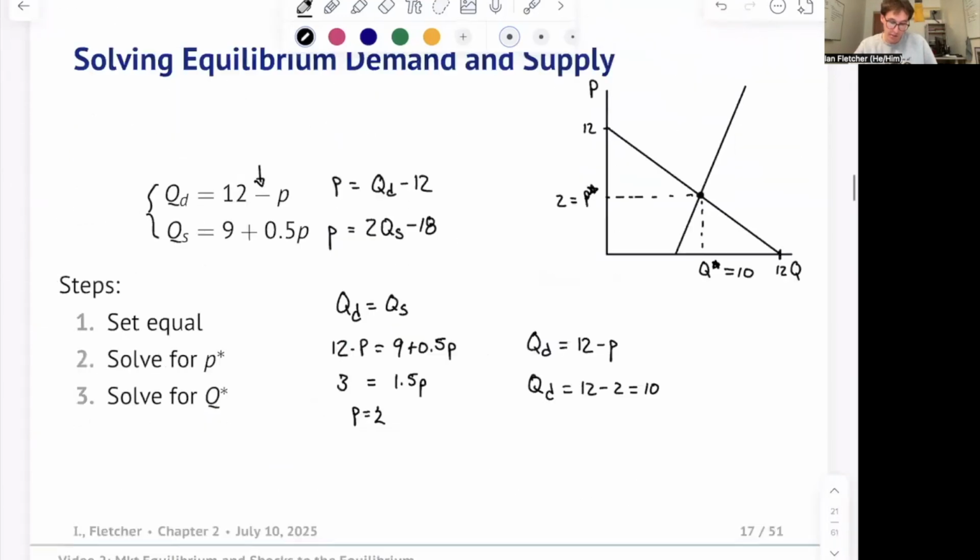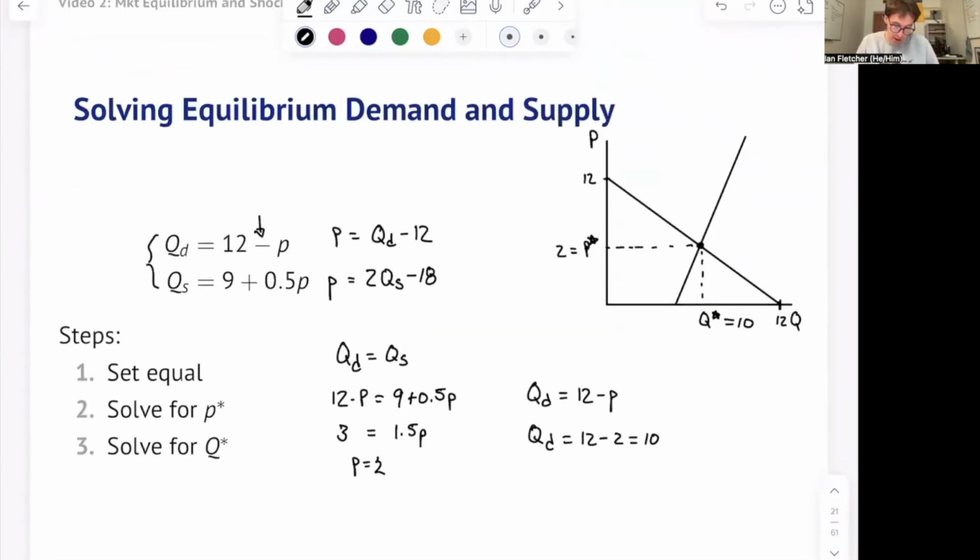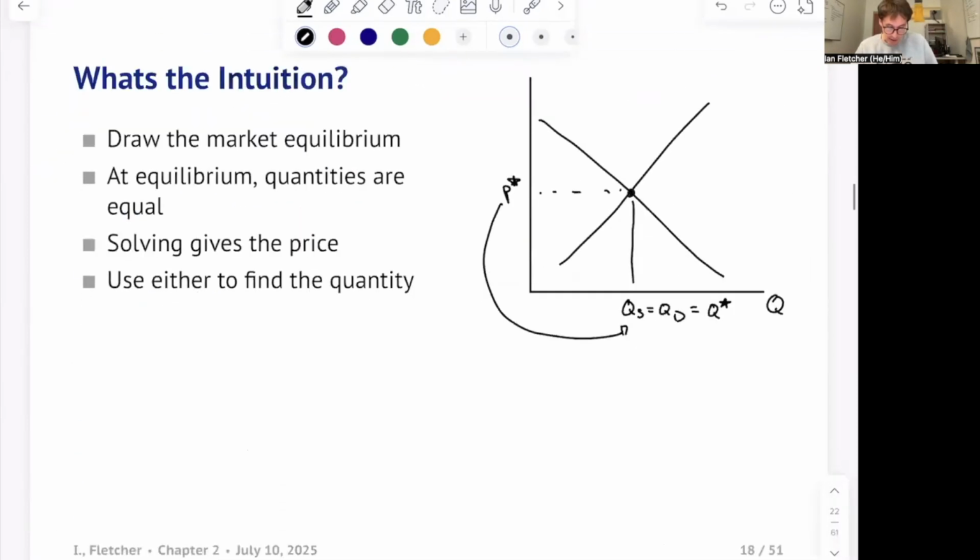Exactly what we did up here. We set them equal to each other because we noticed that they were equal to each other. We backed out this P star, and then found Q star. And again, this is equal to QS as well.